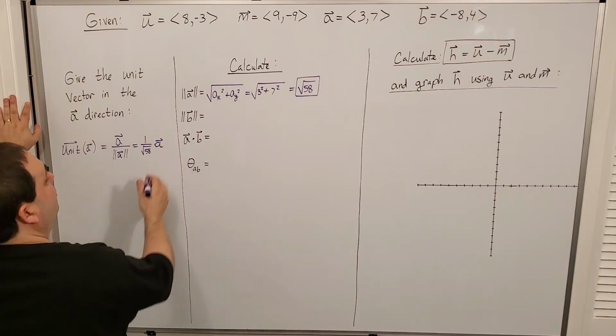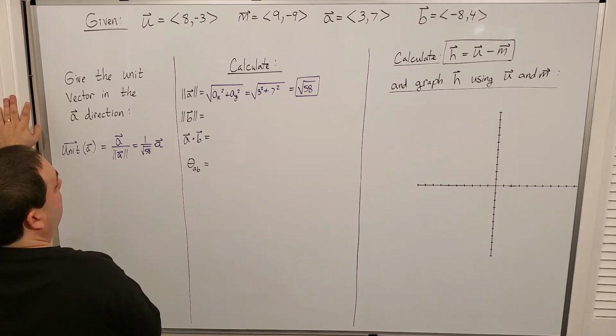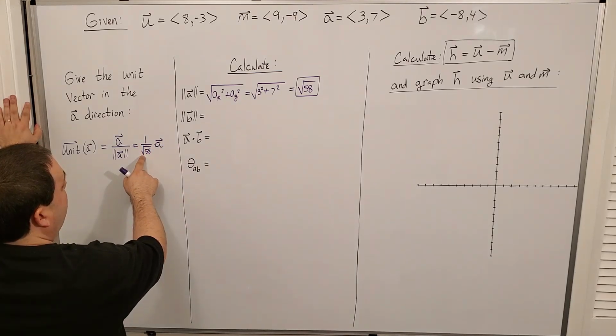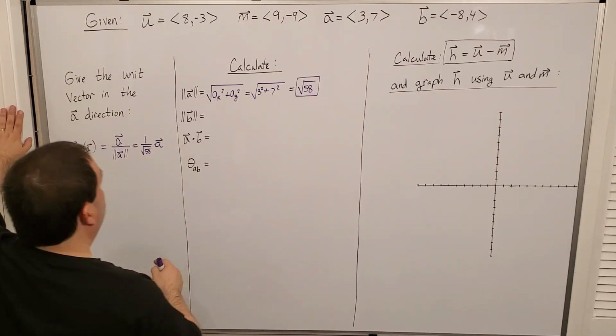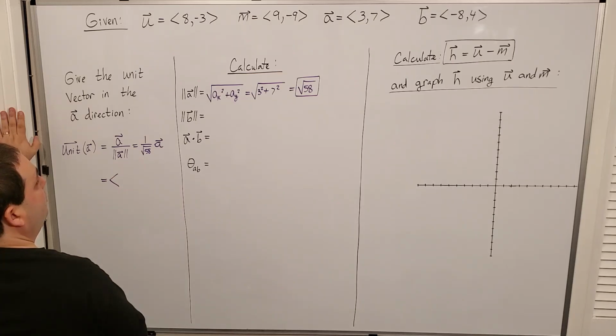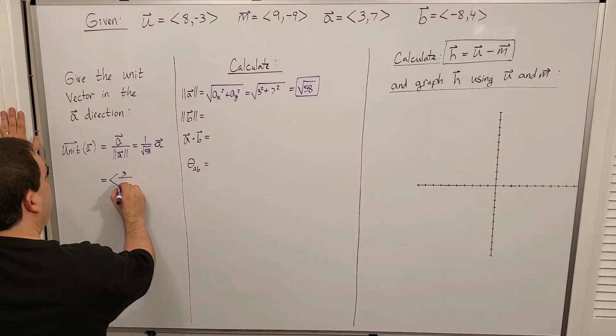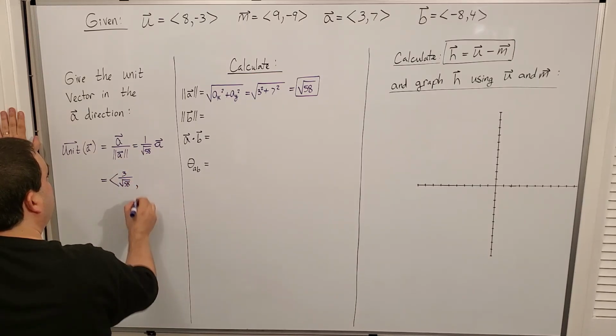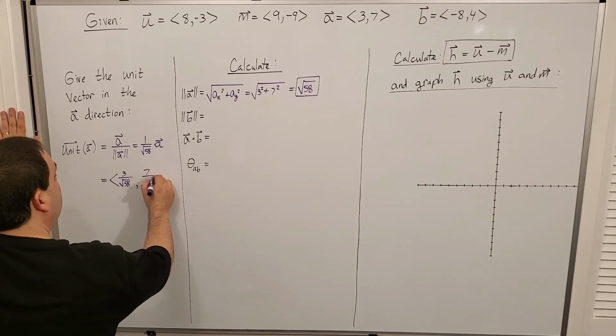I almost put a dot there. Don't make that mistake. It's not a dot. I'm doing 1 over the magnitude times the vector, which means this is going to be equal to the vector 3 divided by the square root of 58, comma, 7 divided by the square root of 58.